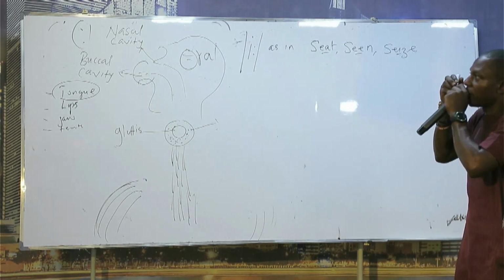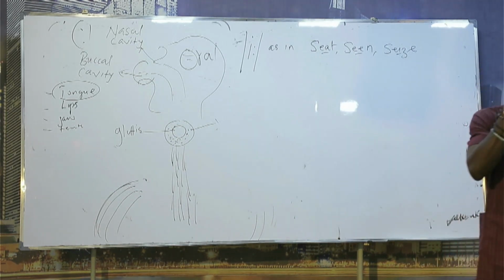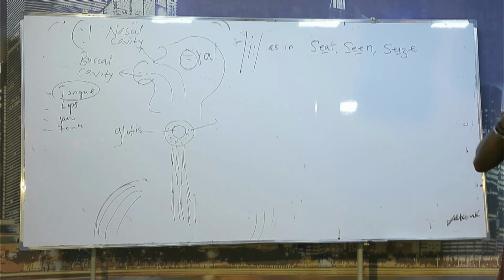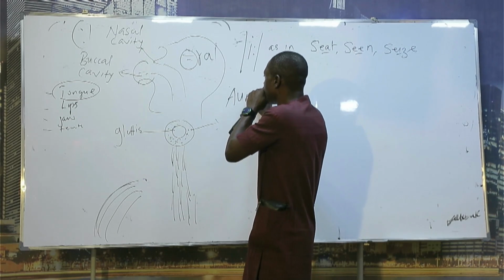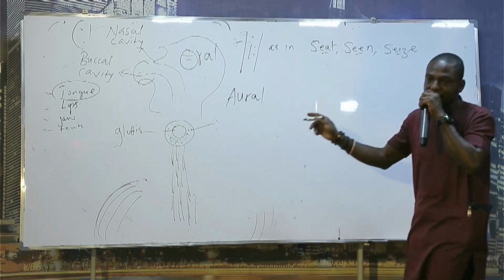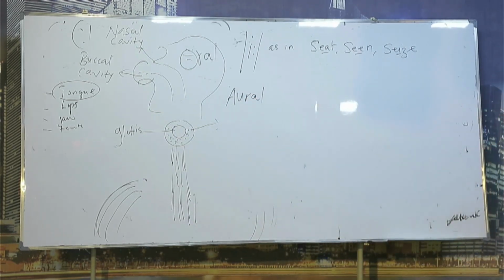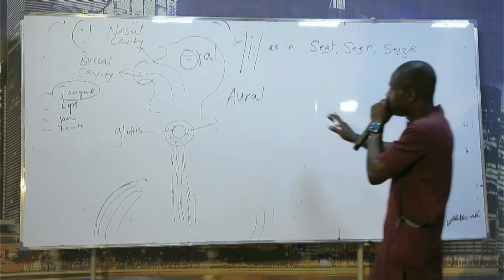The one that enters your ear is also aural, but different spelling: A-U-R-A-L. For you to articulate a given sound segment, you must balance both your oral and aural segments very well.